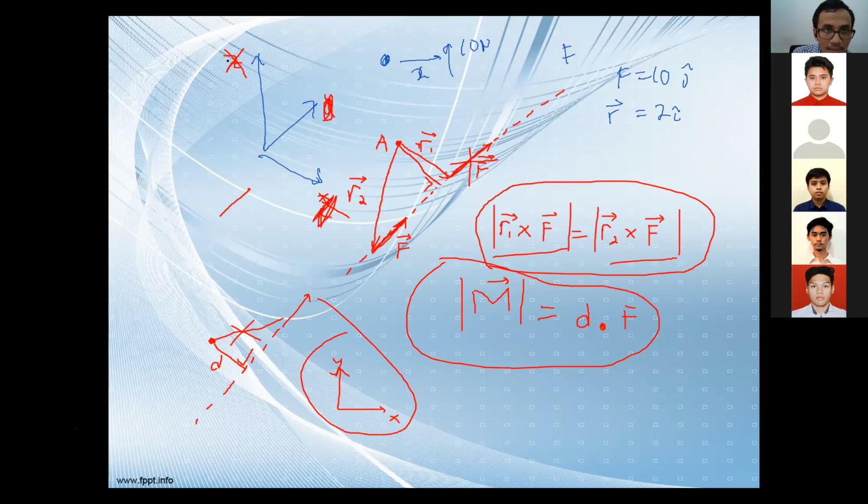I replace it again. This one can be X. This is the standard one: X, Y, Z. Because in this case I follow the right-hand rule. So you have to follow X, Y, Z using the right-hand rule.